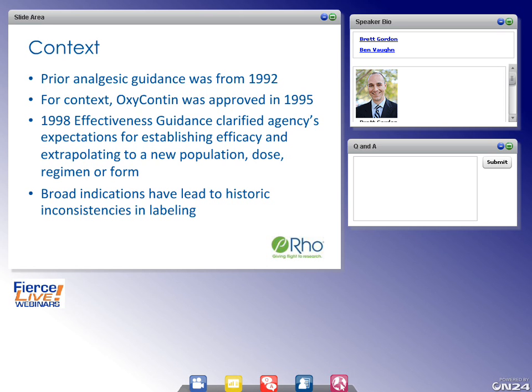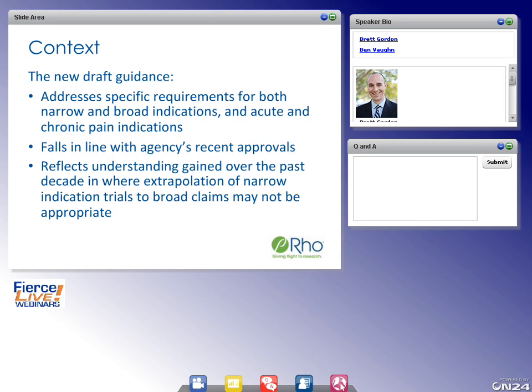So the new draft guidance is really great. It's well organized. It has things mapped out in a very logical manner. There should be no surprises for sponsors that have had recent approvals, advisory committees, and phase 2 meetings. Everything in here is in line with what we've been seeing there. And as an aside, I would highly encourage everyone, if you have a chance, to attend an AdCom and listen in.